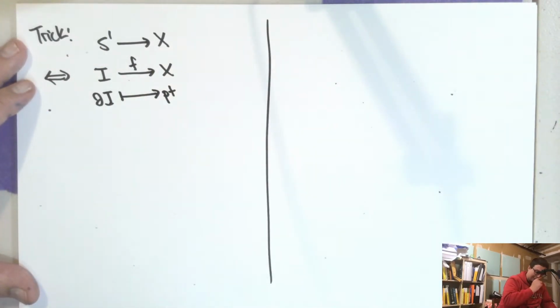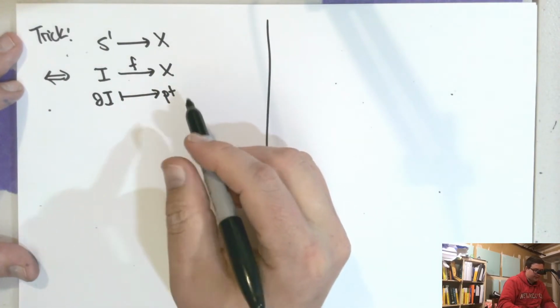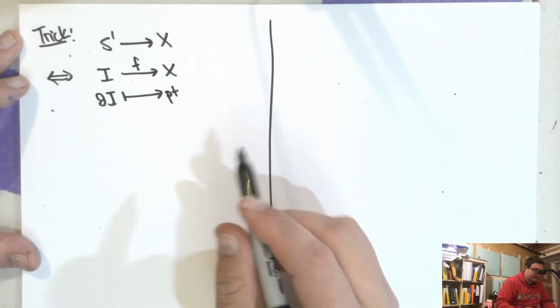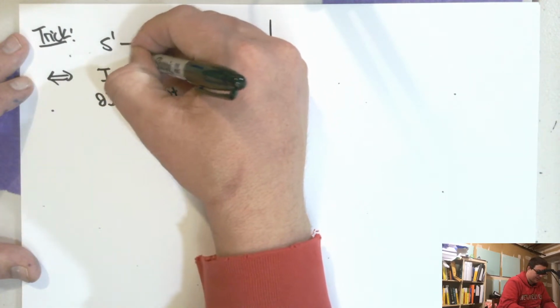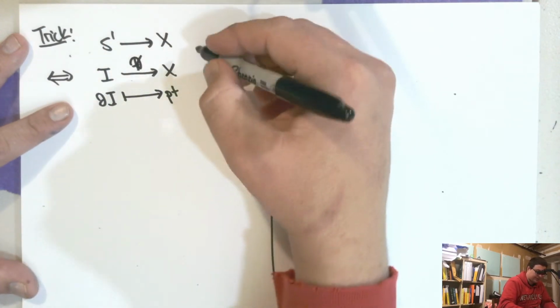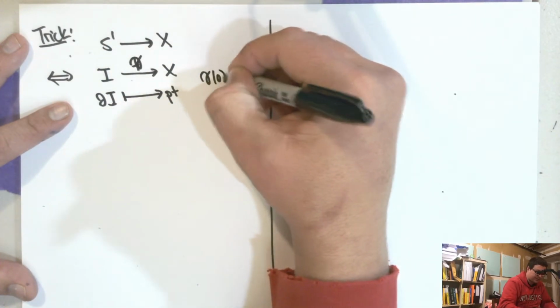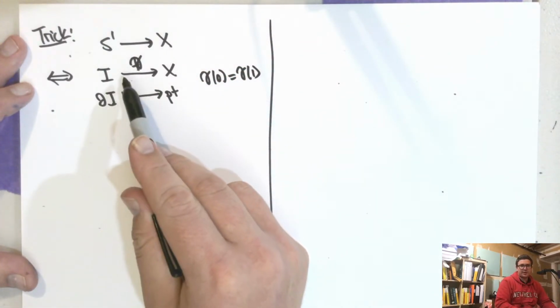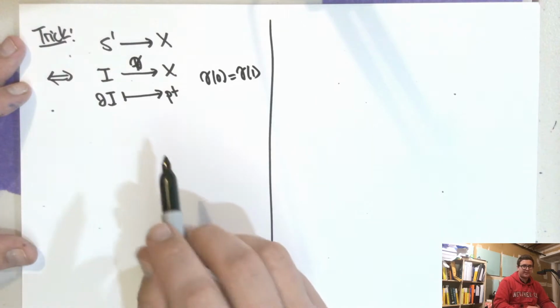So really, we just need gamma(0) equal to gamma(1). I'm just parametrizing the circle by this interval.